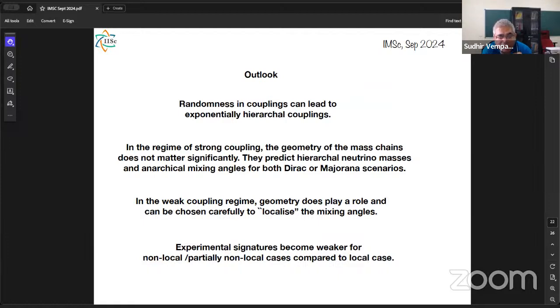In the weak coupling regime, the geometry does play a role and can be chosen carefully to localize the mixing angles. We also looked at rare decays and collider signatures for all geometries for strongly coupled systems, and they become weaker for non-local and partially non-local cases compared to the local case. Okay, that's all I have to say.